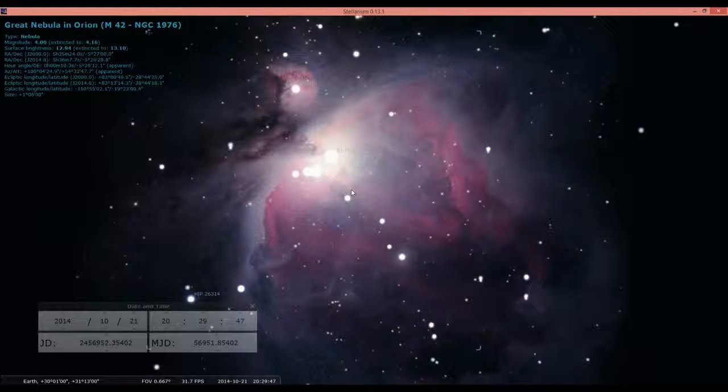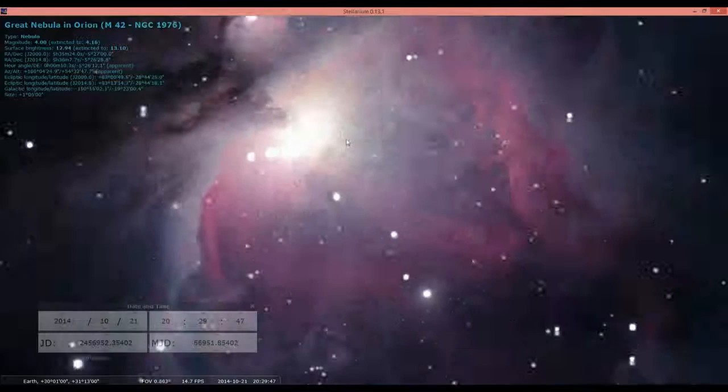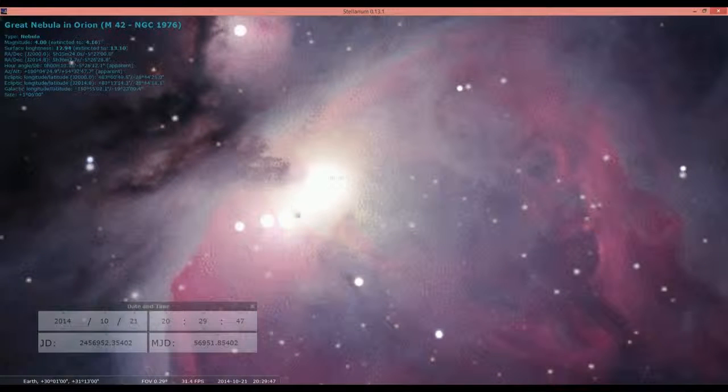Now the reason I want to show you this is because this is the way that you normally see the Orion Nebula in the photographs. I want you to notice the arc and where it is, and also the shape of the trapezium that we see here as well.